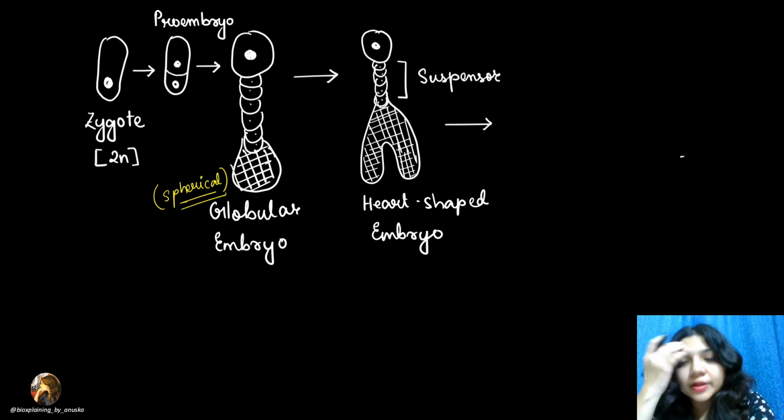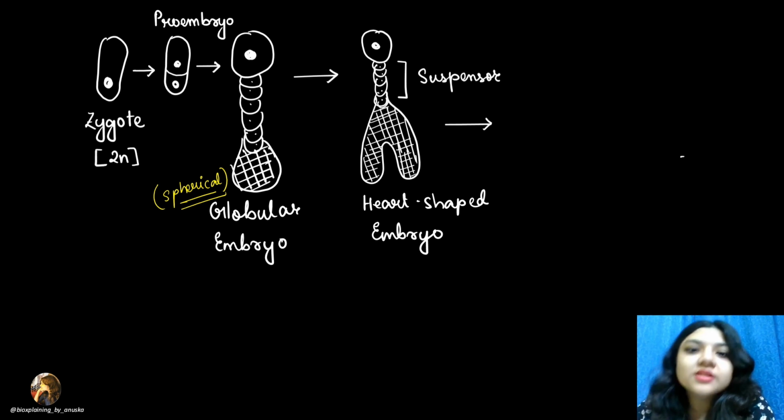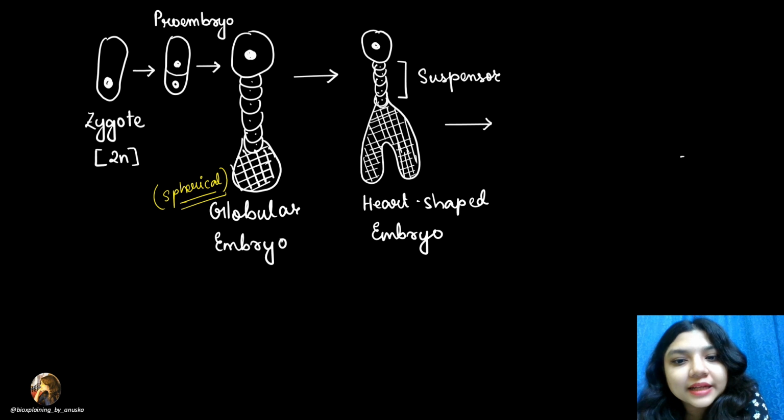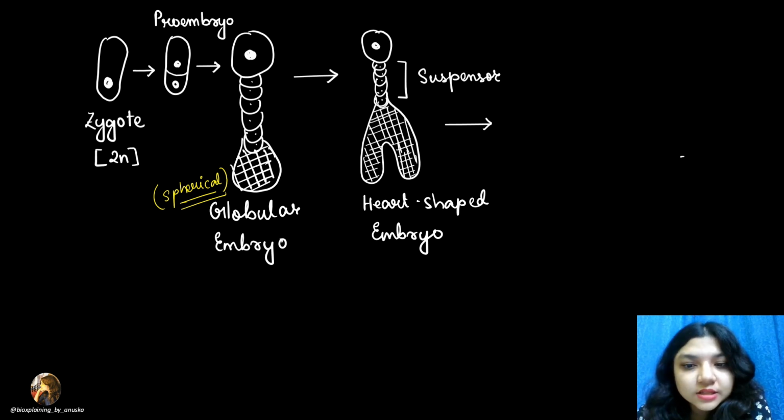In this heart-shaped embryo, what you can note is that there are some suspensor cells that are present. So it is said that this heart stage embryo, you can say that it is a transition period where the cotyledons finally start to form and elongate.